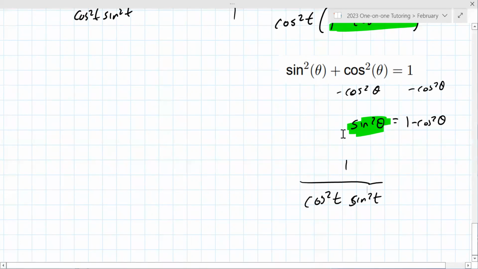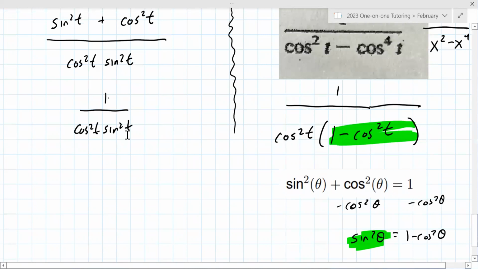Now we've got it. Again, you could have worked this one on the left using the same identity, because the sine squared t could have become 1 minus cosine squared t. Yeah, I just figured the right side would be easier.